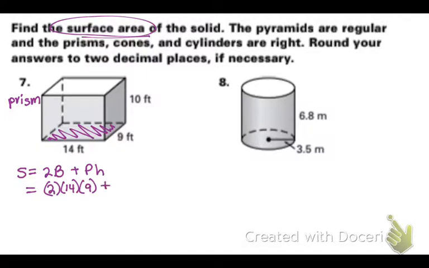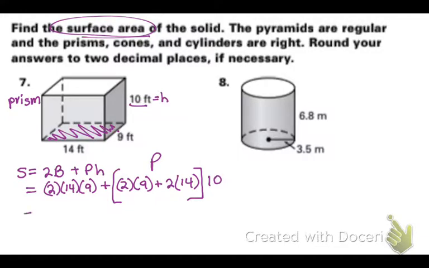Okay, you're going to have 2 9-feet sides, so 2 times 9 plus, this is all going to be perimeter, plus 2 times 14. This is all P, and our H is 10. So then you just gotta rock your calculator.